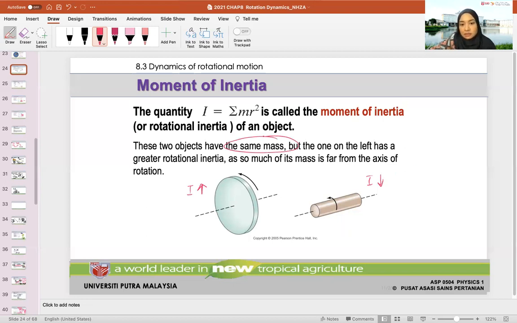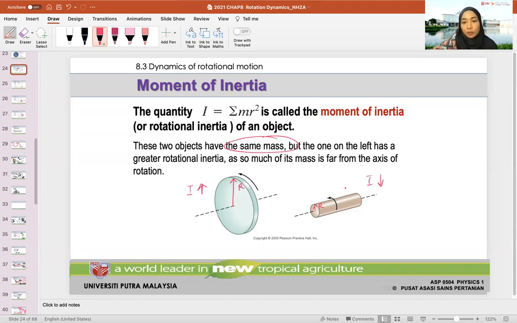They have the same mass. That's the point here. They just change shape. And because this radius is bigger than this other radius, the I is different. The one with the bigger radius will have a bigger I.